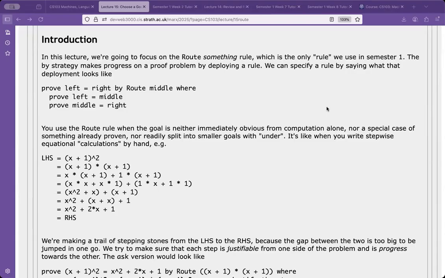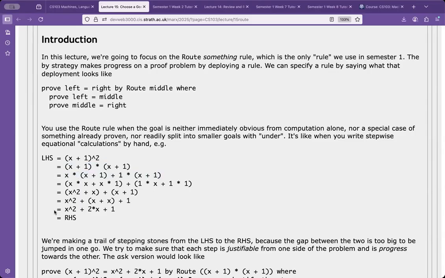I don't know whether at high school you ever did this sort of calculation where you're supposed to be proving an equation. So left-hand side equals right-hand side, and you work your way in small steps, each of which is justifiable, to join up the left-hand side to the right-hand side.